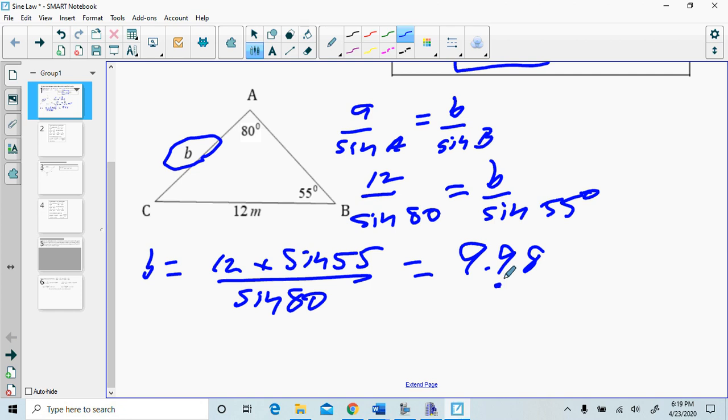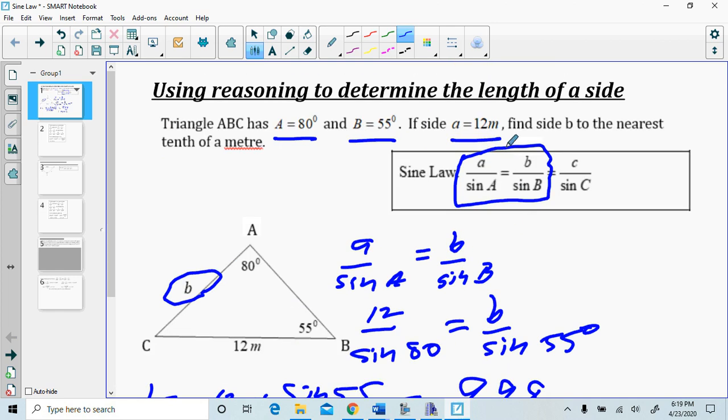So tenth is here. That means the 8 is going to round that 9 up. And that 9 rounds up, which means the 9 in front of it will also round up. So we're going to be left with 10.0. It said nearest tenth. So we're going to show that this is 10.0 meters. So we have figured out side length B, because that was our goal.